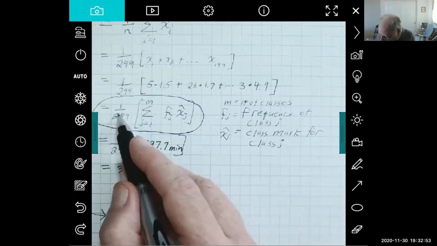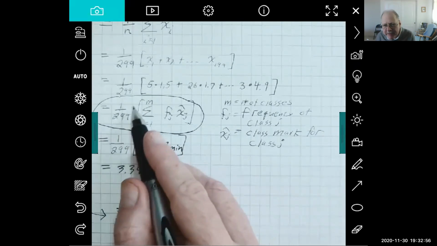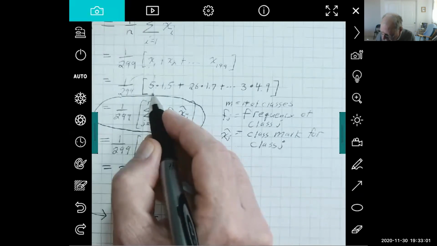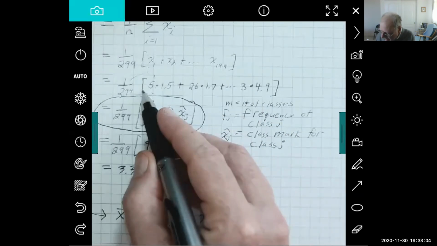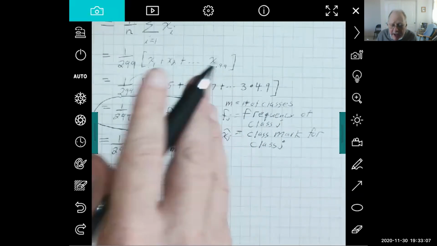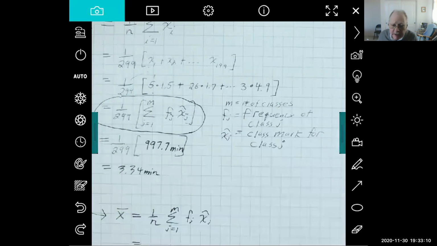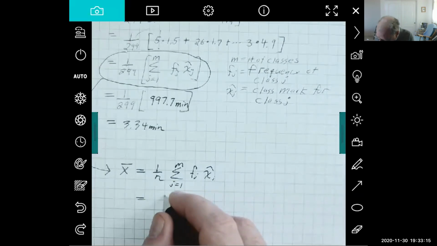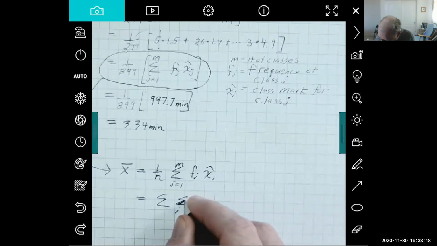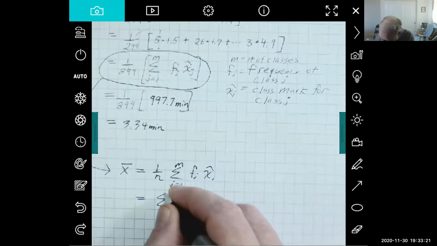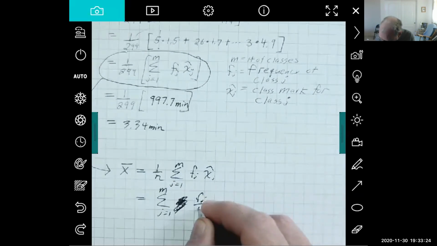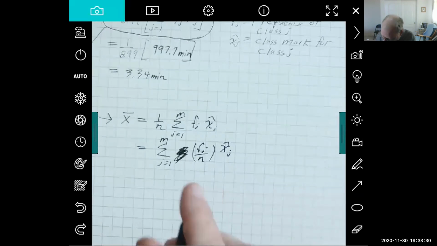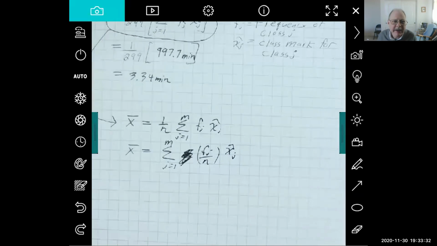You could multiply the 1 over 299 times each term in the sum. I could have brought this inside. I could have done 5 over 299 times 1.5 plus 26 over 299. I could add them all up and then divide, or I can distribute and divide each one individually, or multiply by 1 over 299. So I'm going to do that here. So you see all I've done is distributed the 1 over n inside.